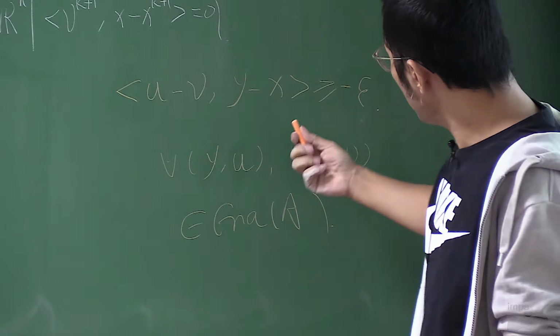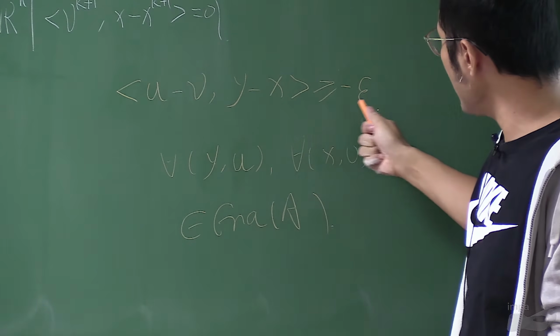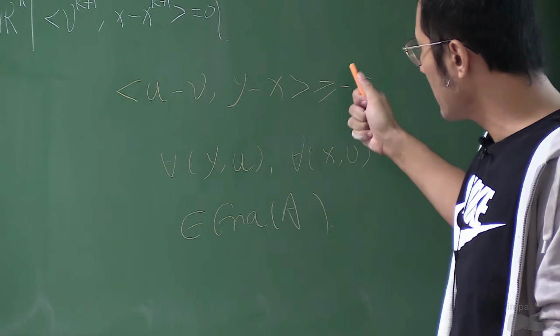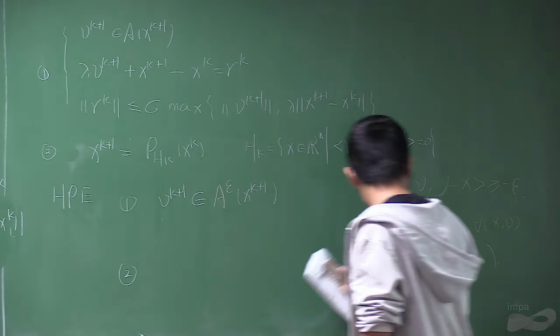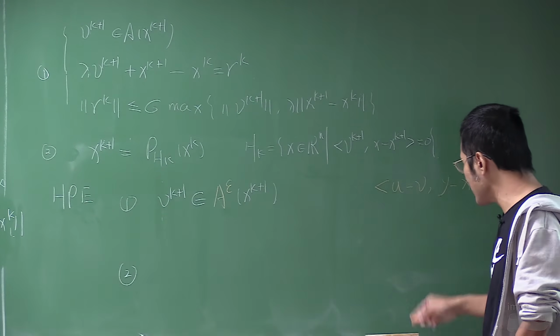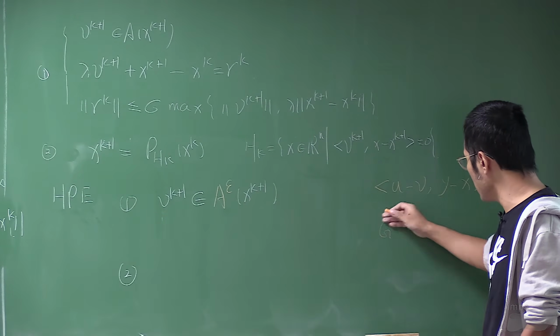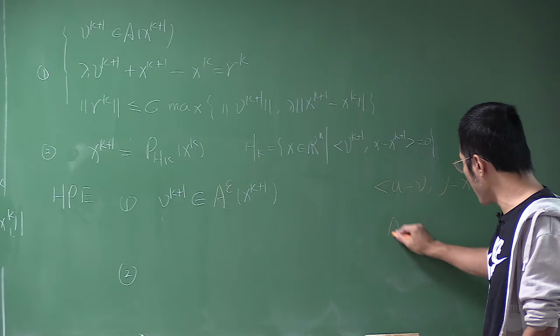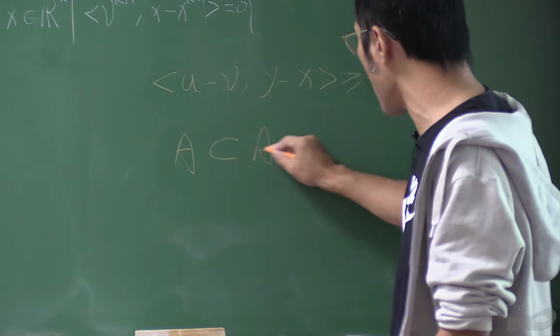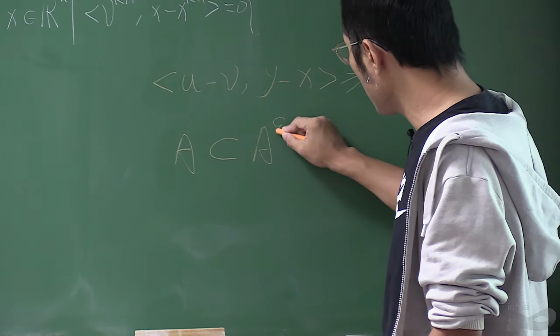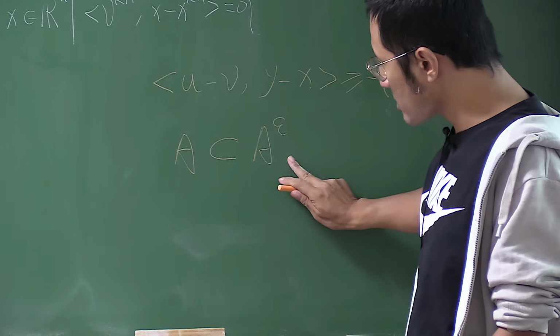If we use minus epsilon instead of 0, we immediately have the conclusion that the graph of operator A belongs to the graph of the A epsilon enlargement.